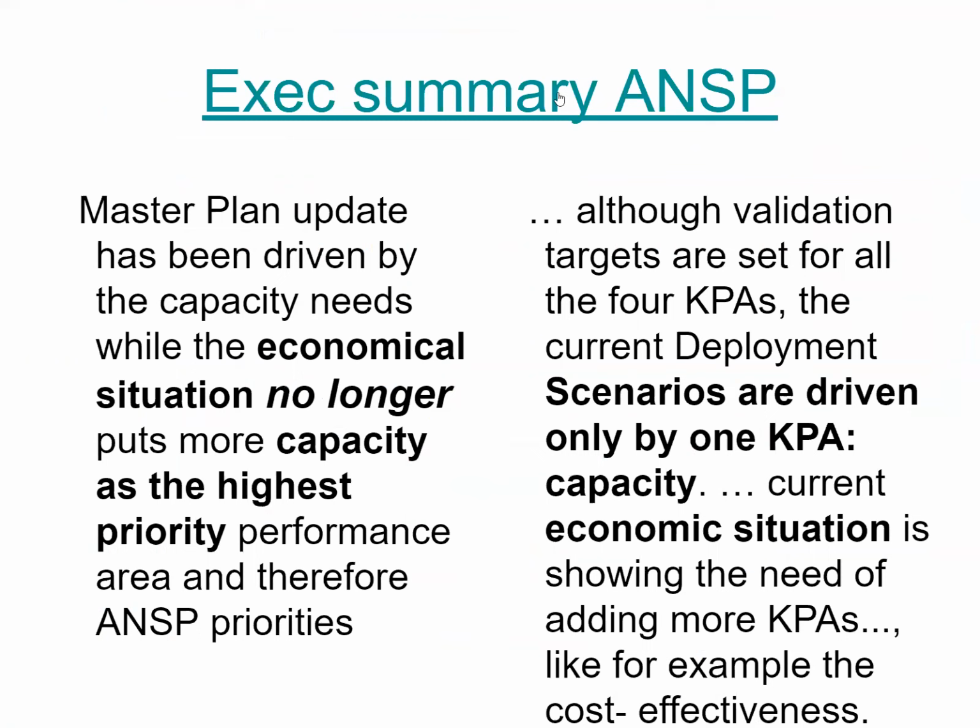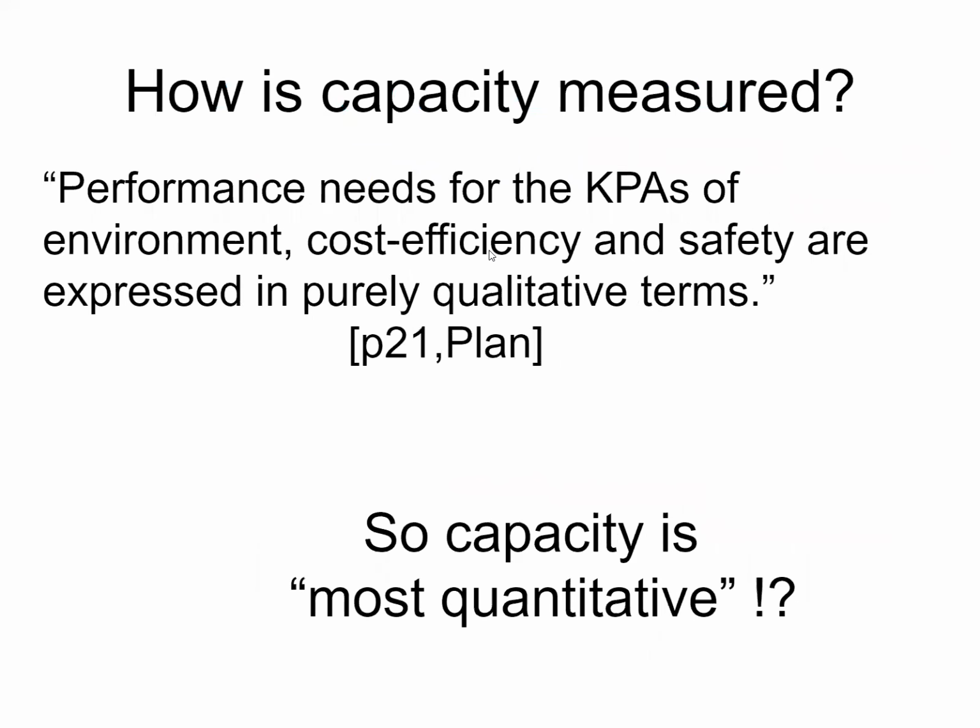Well, with the different economic situation that we have now, and had also before the economic crisis, the capacity may not necessarily be the highest priority. So earlier, the scenarios were driven only by capacity, but now with the economic situation, people also look at other things.